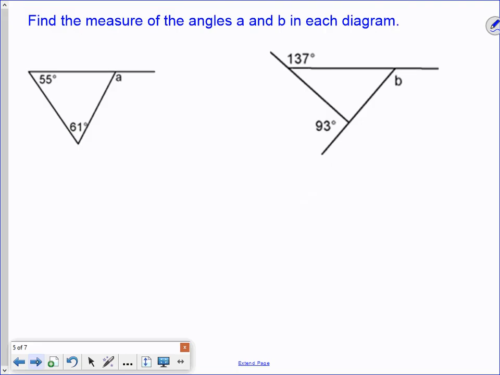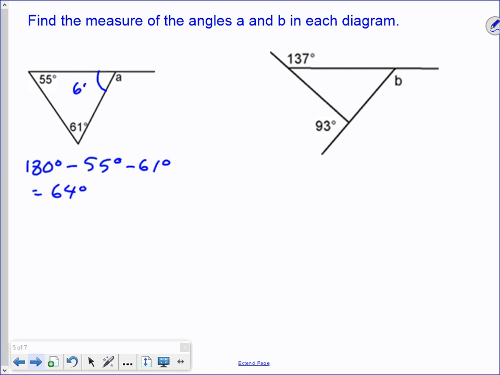Two more little questions here involving angles and triangles. On the left here, we've got 55 degrees and 61 degrees inside the triangle. So we know that this angle in here is going to be 180 minus 55 minus 61 degrees. That angle is going to be 64.